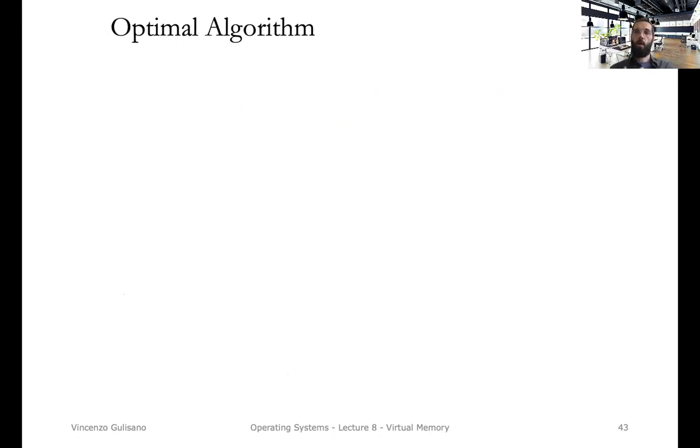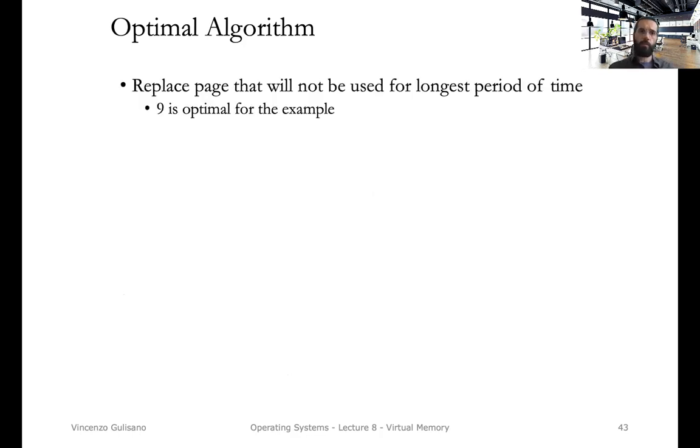Now, one can ask: we got 15 page faults with the FIFO algorithm. What is the optimal? What is the actual minimum number of page faults we can get? It turns out that there is an optimal algorithm, and the idea is simple.